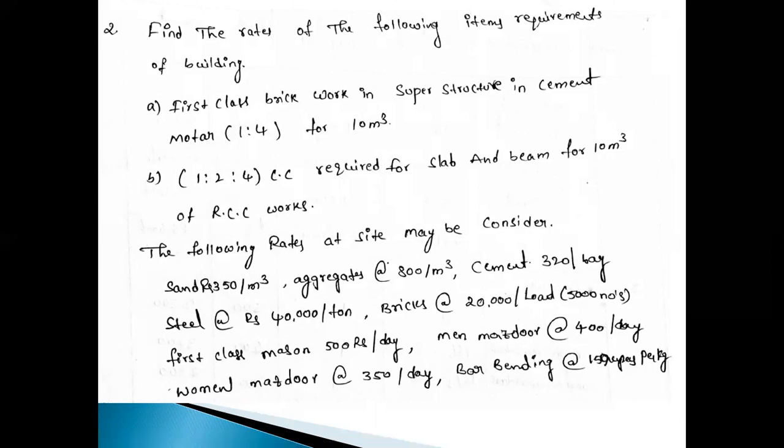Next one, bricks 20,000 per load, meaning 5,000 numbers. Next, first class mason 500 rupees per day, man mazdoor 400 rupees per day, woman mazdoor 350 rupees per day, bargaining 15 rupees per kg. These are the rates at site.